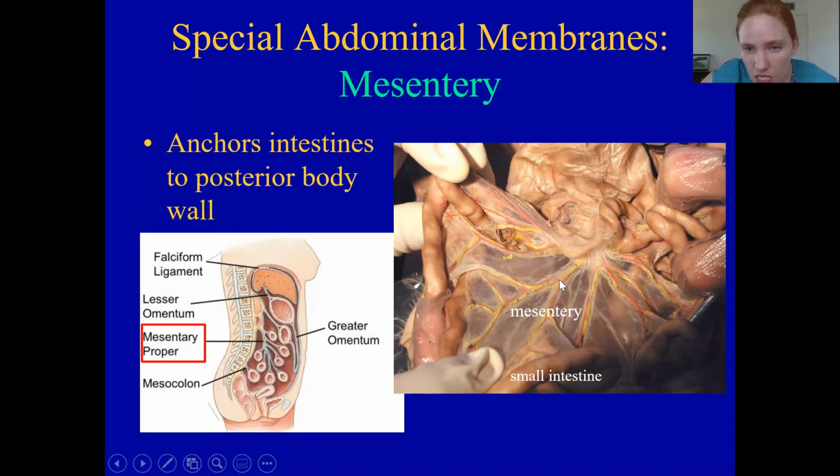The yellow ones that you see are part of what's called the hepatic portal system. They take nutrient-rich blood, nutrients that just came out of the small intestines, up to the liver so that they can be stored and filtered there. So the main function of the mesentery is to anchor the small intestine to the posterior body wall. That's the mesentery.